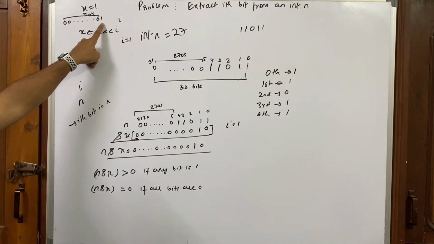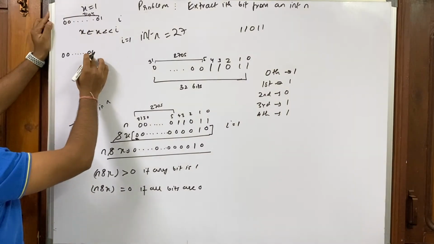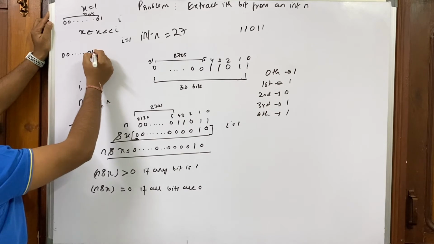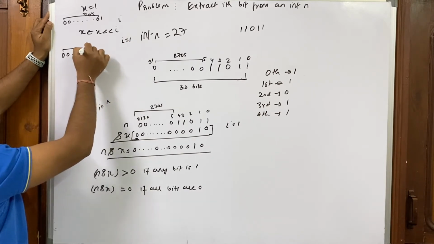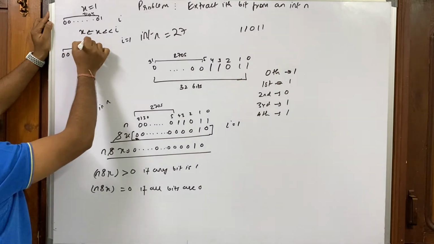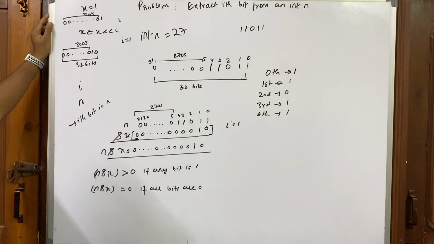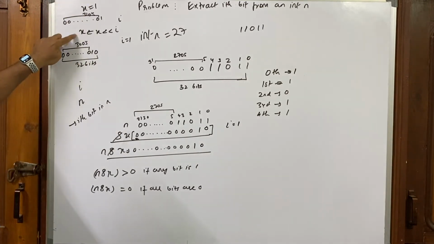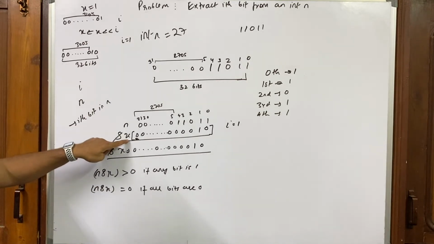So this 1 moves 1 place left. So everything to the right of this is going to be 0. Since you shifted 1 place, you add 1 zero. So these are 30 zeros, and these are the 2 bits, and these are 32 bits. So you start at x equal to 1, then you set x is x left shift I places. You get this value of x.